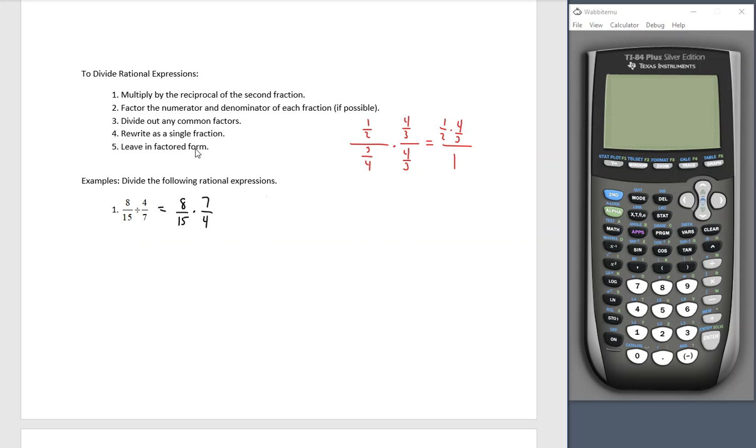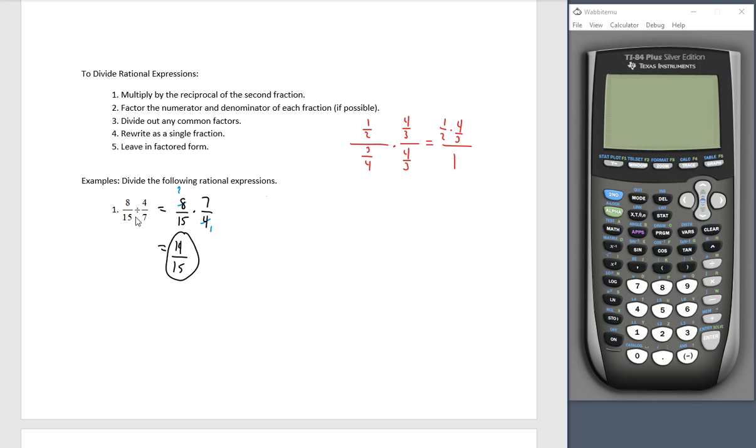And then I can simplify. That 8 and the 4 simplify a little bit for me. I'm going to write it like this. 4 goes into 4 one time. 4 goes into 8 twice. So we now have 2 times 7 is 14 over 15 times 1. 14/15.